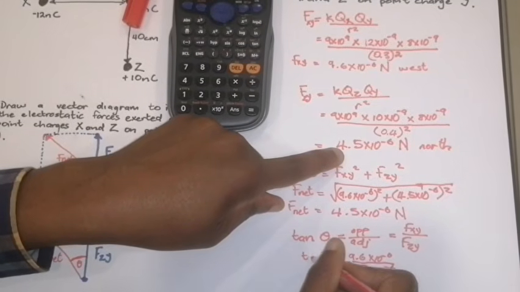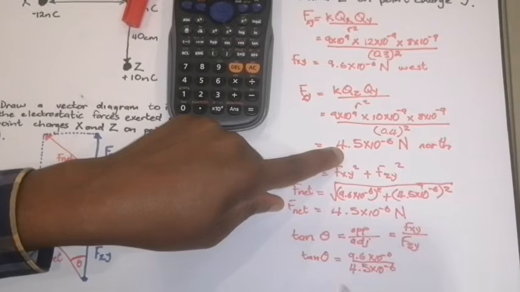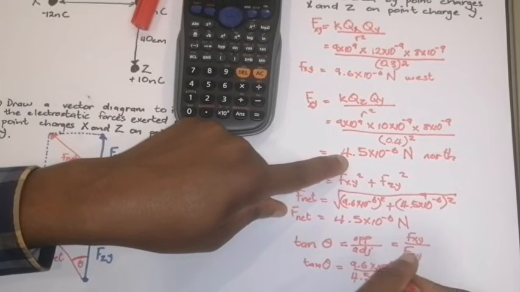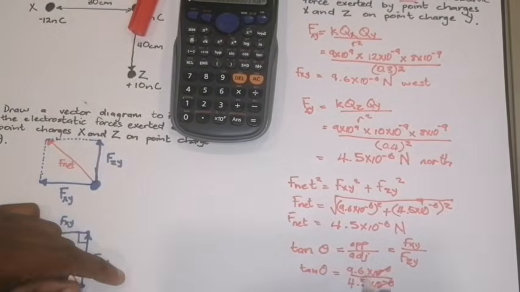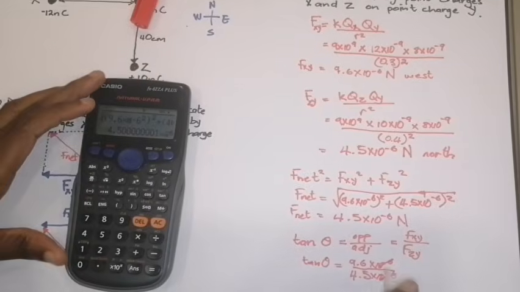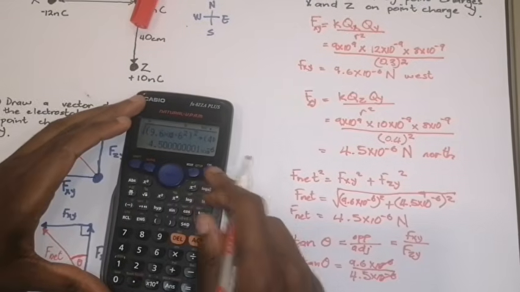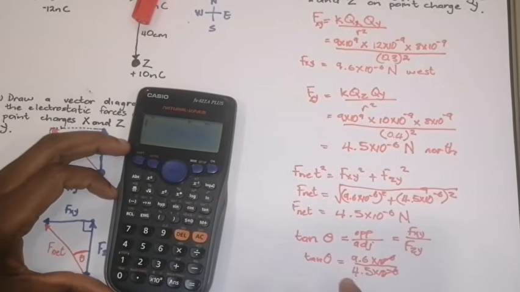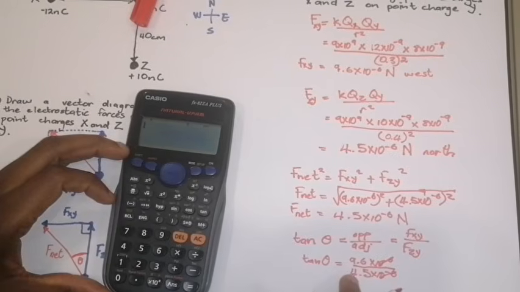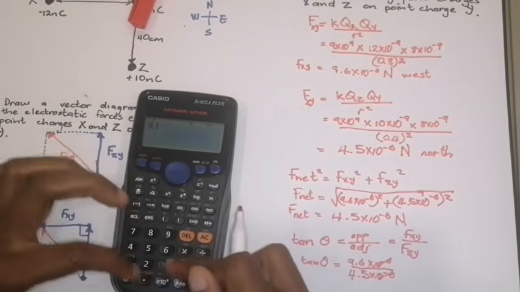Remember, that's the tan of theta. Of course we can divide those two by each other, so the powers of ten give us 1. Now I'm simply going to say 9,6 divided by 4,5.